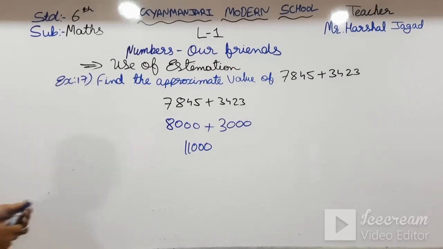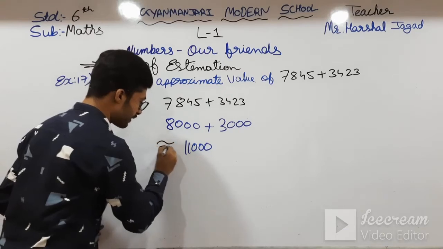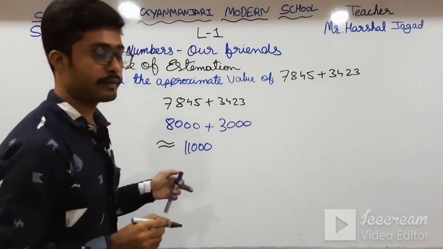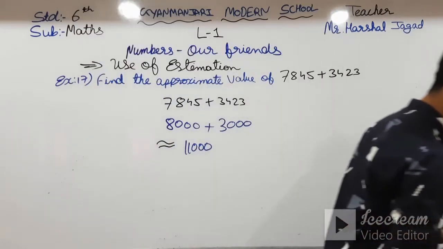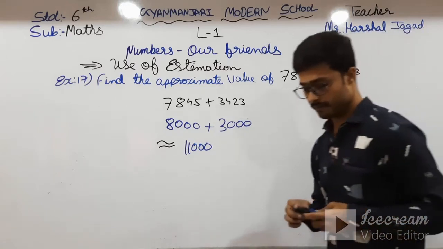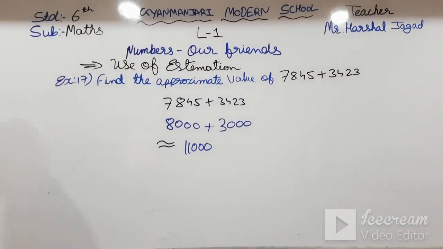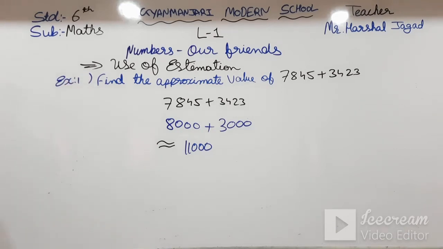So for the approximate answer, you have to mention it by this sign, the sign of the approximate. Okay students, please note down this. I forgot to write: this is example number 18, students.